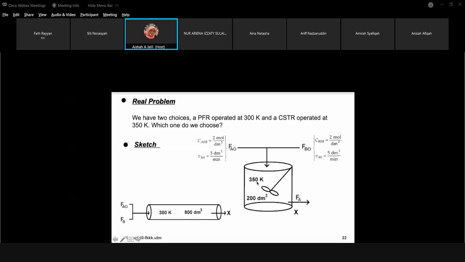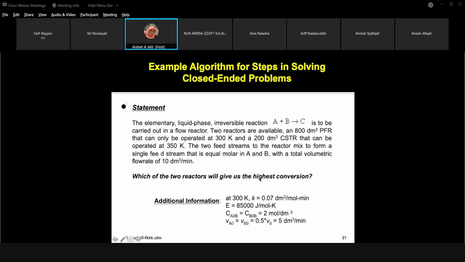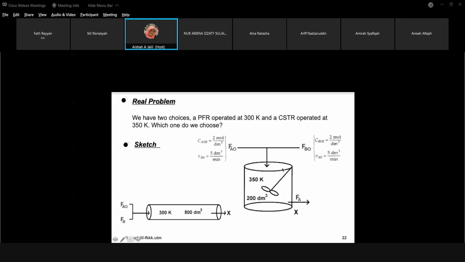They give you all the information. This is for the PFR. So we have two choices: a PFR operated at 300K and a CSTR operated at 350K. Okay, which one will you choose to get the highest conversion? So you have to calculate this one, all given.